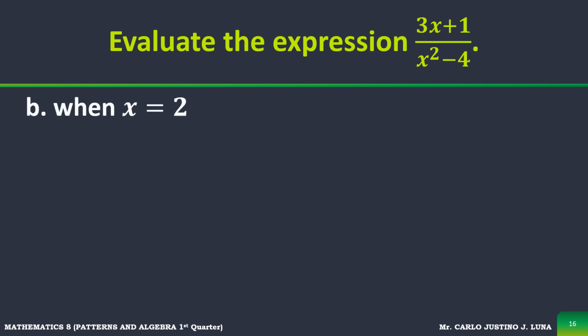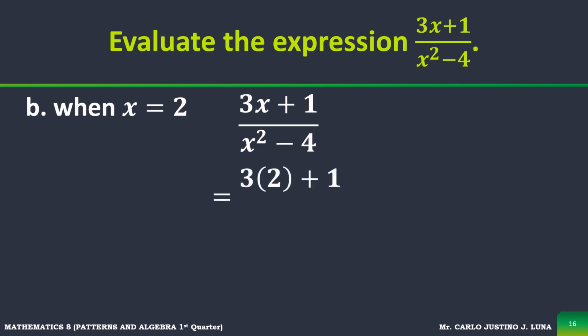Okay, last example for this expression. What if your variable x is 2? What will be the value of your expression? Okay, so again, copy the given, 3x plus 1 all over x squared minus 4. And then substitute all the variable x with 2. We now have 3 times 2 plus 1 all over 2 squared minus 4.